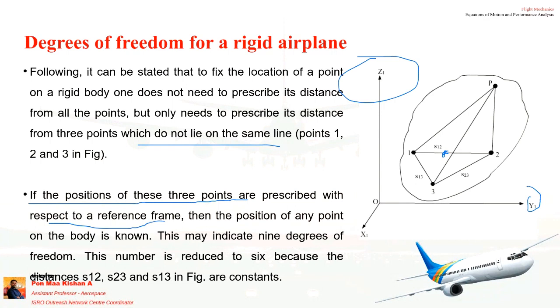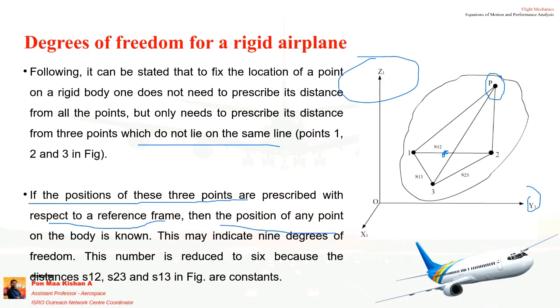If you fix these 3 points, then we can easily calculate the point P. If you roughly mark where point P is and know the distances to 1, 2, 3, then we can easily identify that point also.